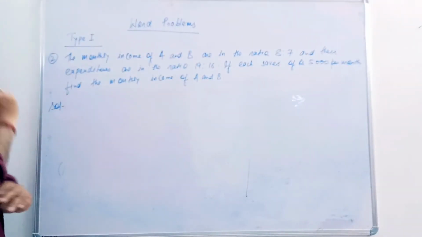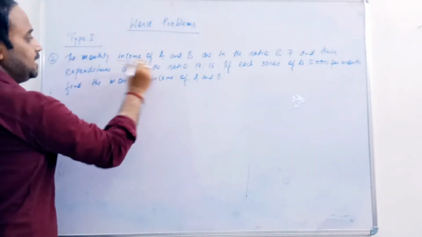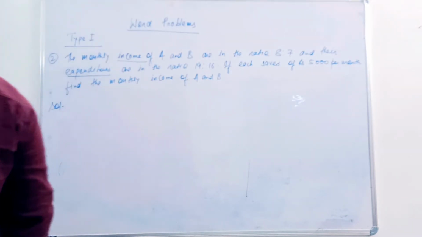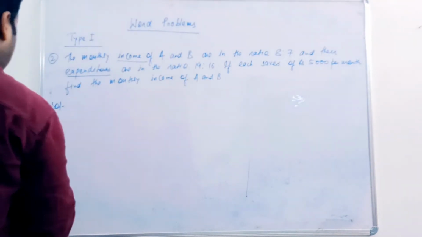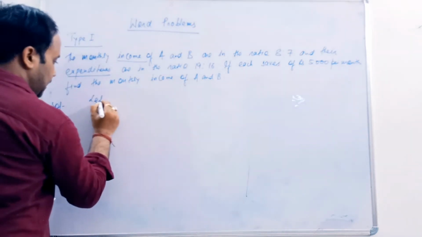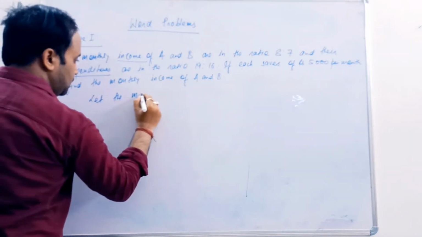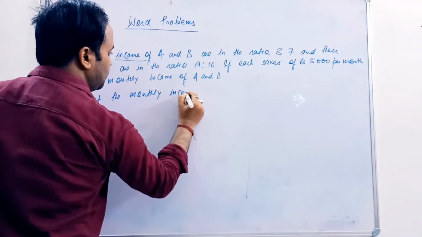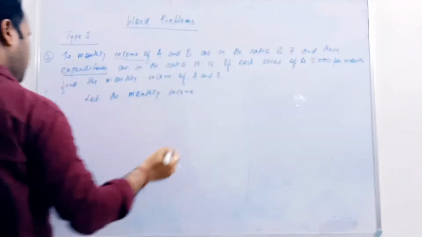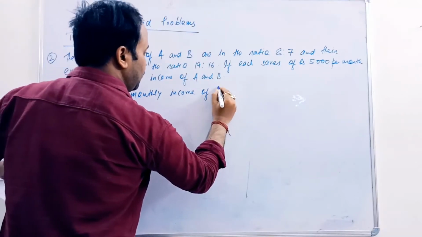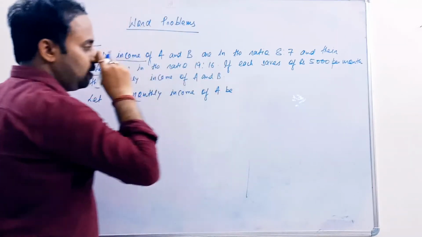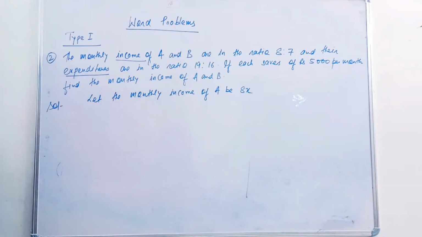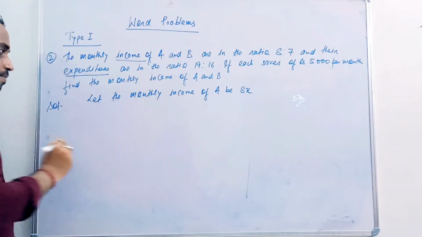Here we have two types of variables. The first variable is income and the second variable is expenditure. Clear? See, let the monthly income of A be 8x, because the ratio is given as 8 and x is the variable of income.